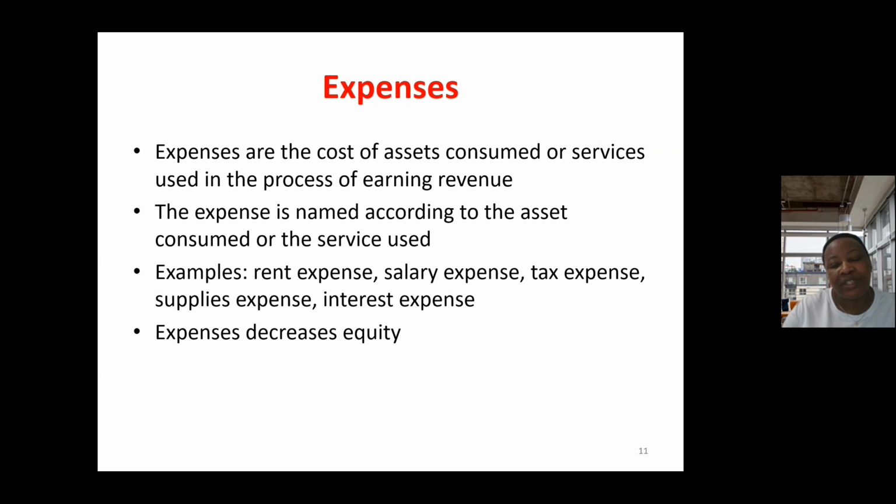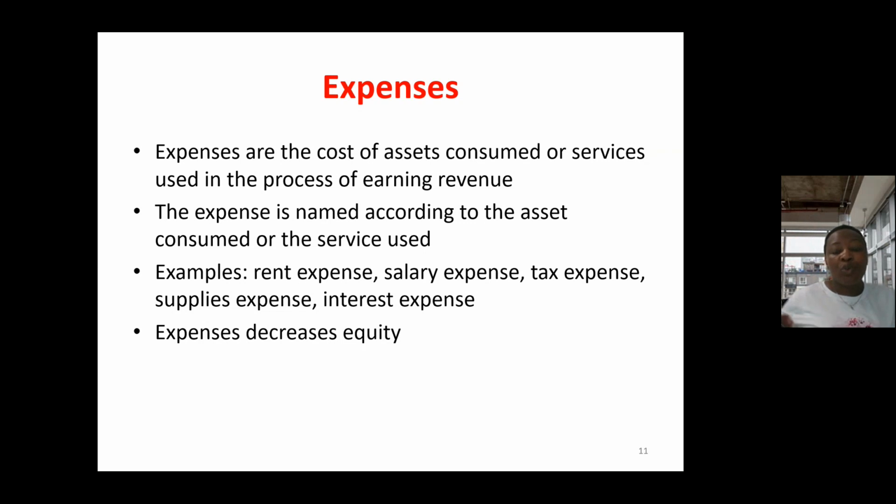Expenses. Expenses are, like we've said, the cost of you offering the services and goods that you are selling. So the cost of assets consumed or services used in the business to earn revenue is your expenses. The expense is named according to the asset that consumed it or the service that used it. So for example, rent expense: if you rented a building, you're going to pay rent.